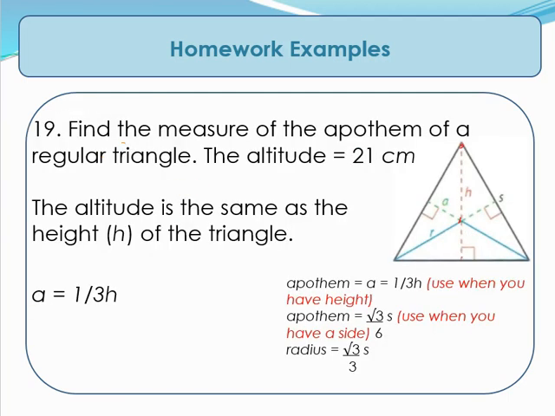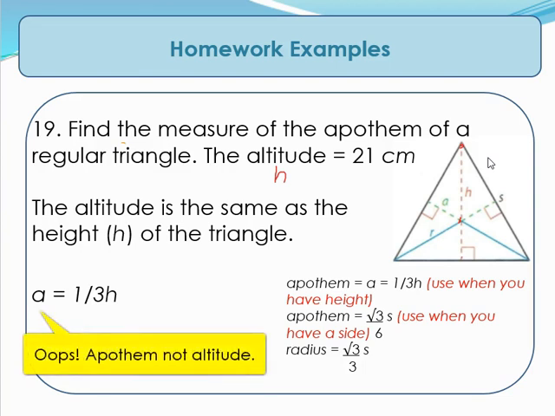Okay. We're going to find the measure of the apothem of a regular triangle. And this is a good example of what happens when we have triangles and we're trying to solve for pieces of these triangles. It says here the altitude equals 21 centimeters. The altitude is the same as saying the height. And so this whole piece from the vertex at the top of this triangle to the base is 21.